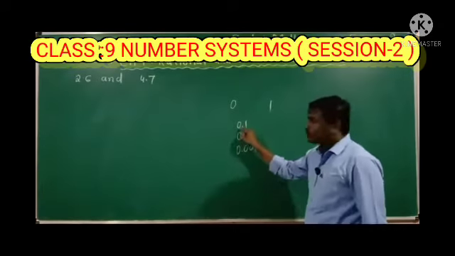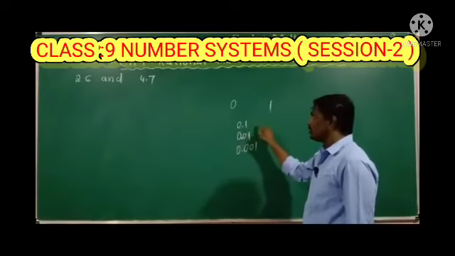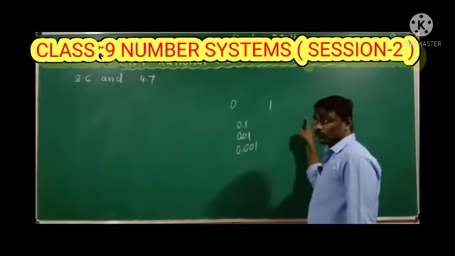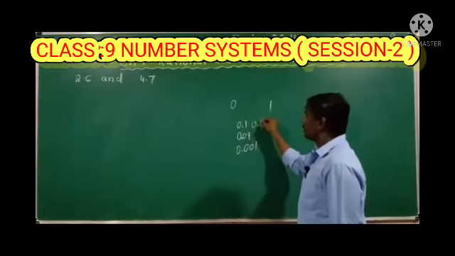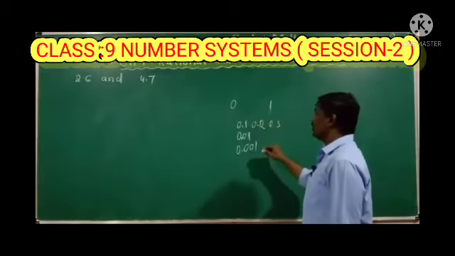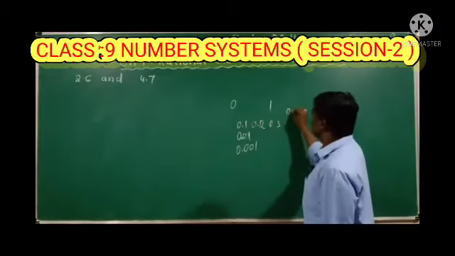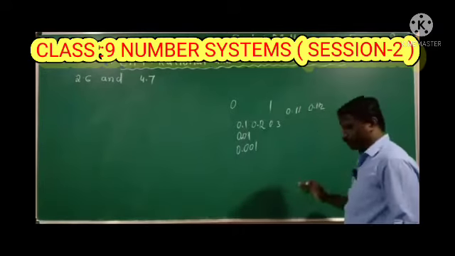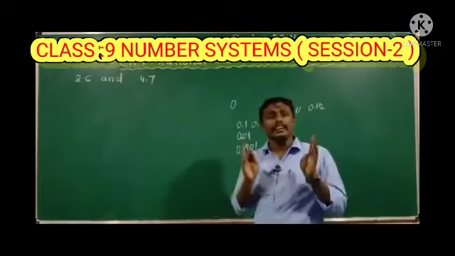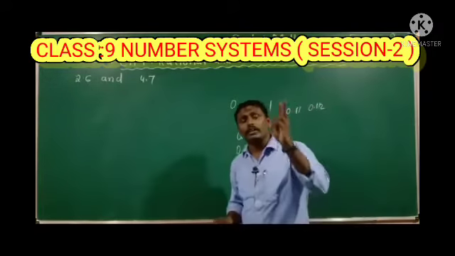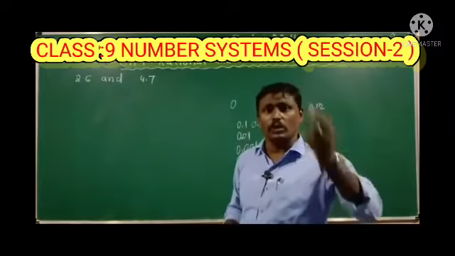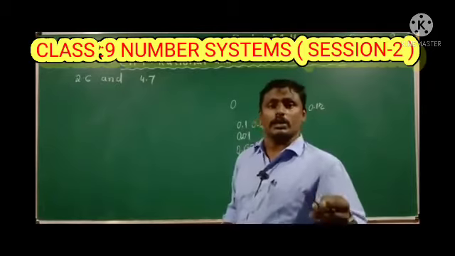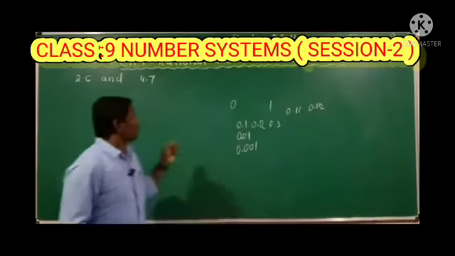If I start from 0.1, then 0.2, 0.3, 0.4, 0.5 like that, right? Again 0.11, 0.12. So we can write infinitely many rational numbers between any two given numbers, right?